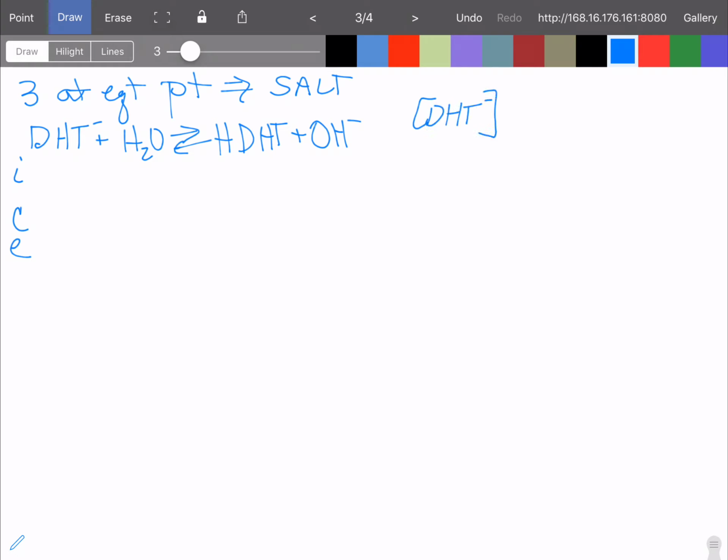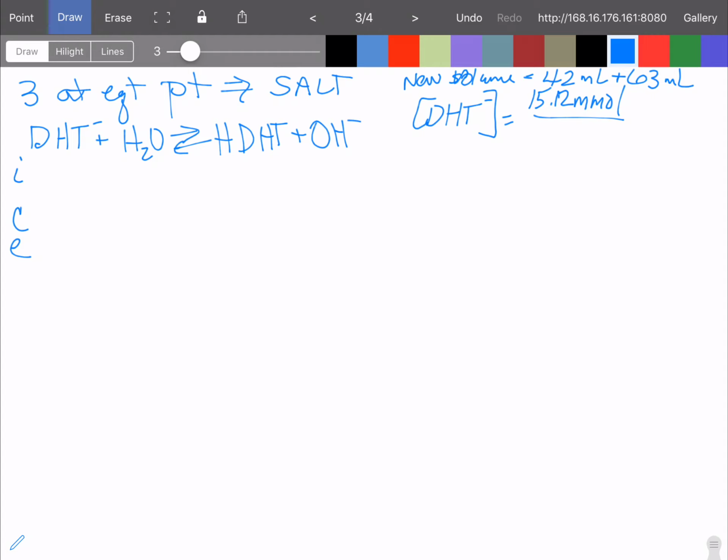Well, we know because we're at the equivalence point that we have 15.12 millimoles of the base. But our new volume is what we started with, which was 42 milliliters, plus our equivalence point, which was 63 milliliters.